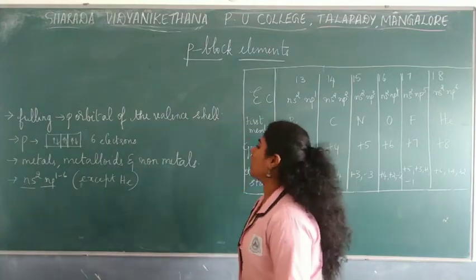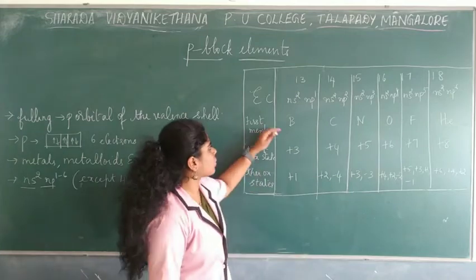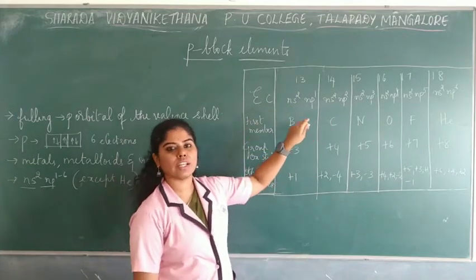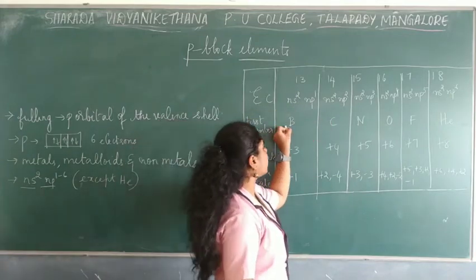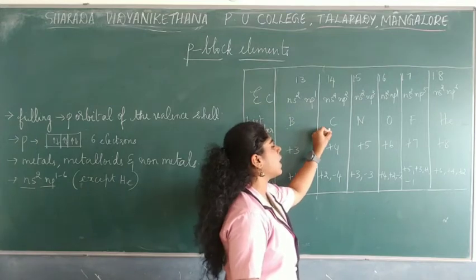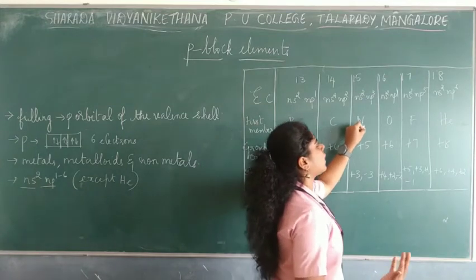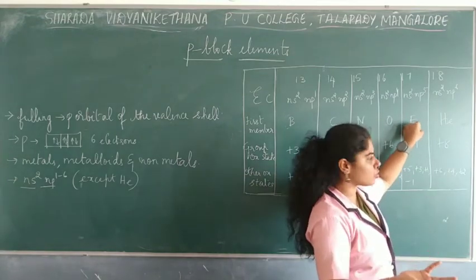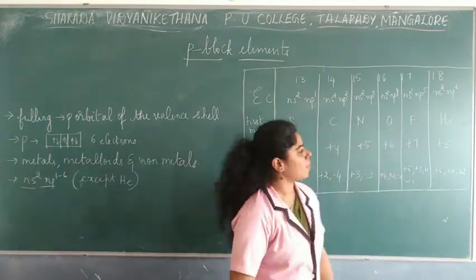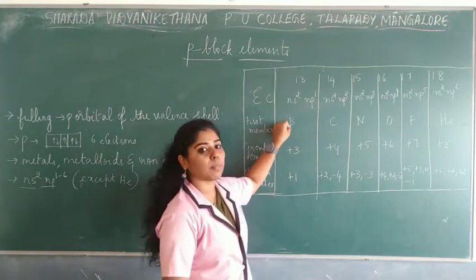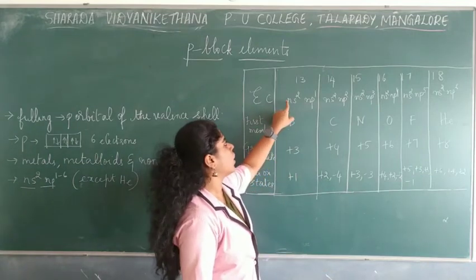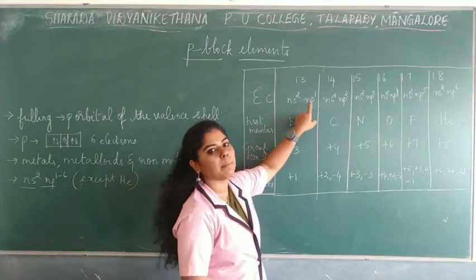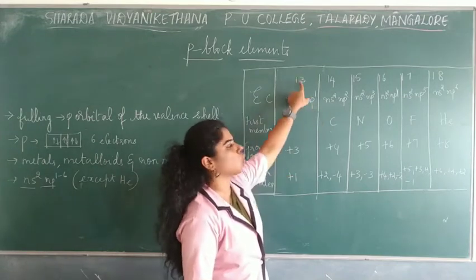Another thing: these are the general electronic configurations written for each of these families. The first member is the boron family, then the carbon family, then the nitrogen family, the oxygen family, fluorine, that's the halogens, and then the noble gases. Boron is written as ns2 np1, which comes under group 13.